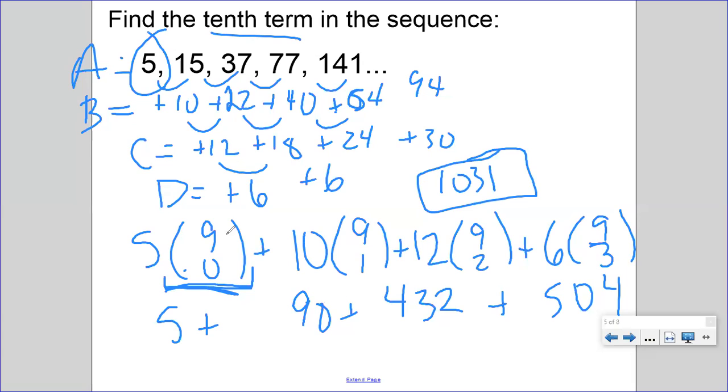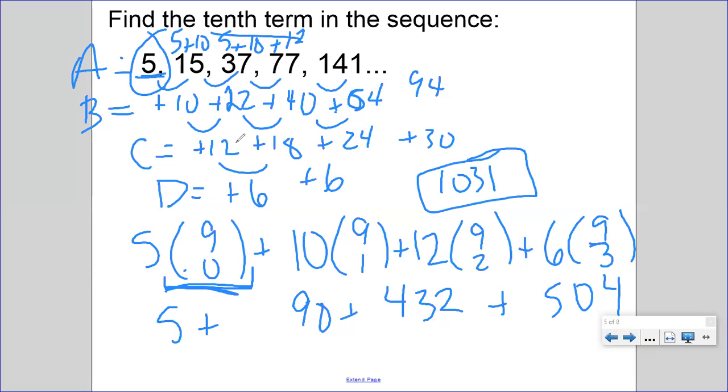Because we're just finding the term, not the sum of everything. So this is really 5, this is 5 plus 10, this is 5 plus 10 plus 12, and then we keep going from there.